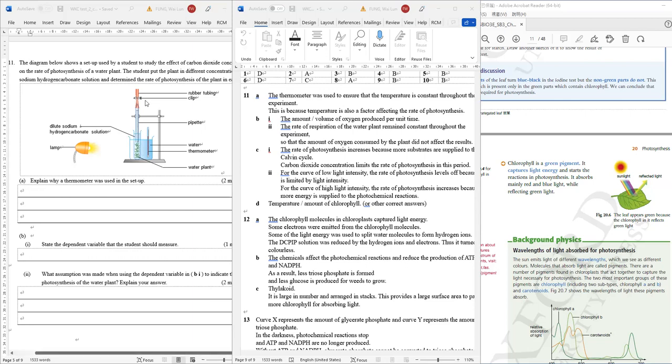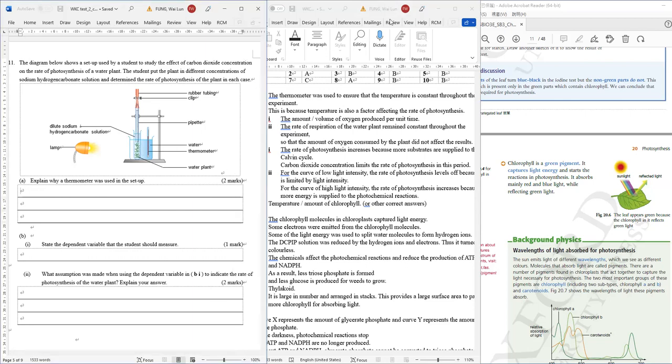First of all, you have to study the purpose of this experiment. We want to study the effect of carbon dioxide concentration.